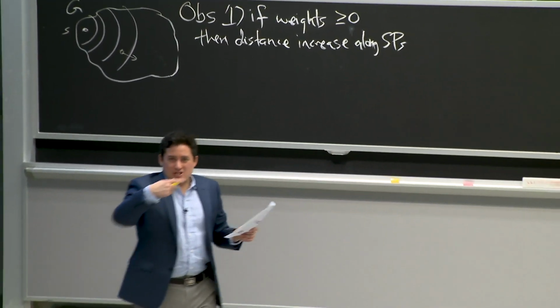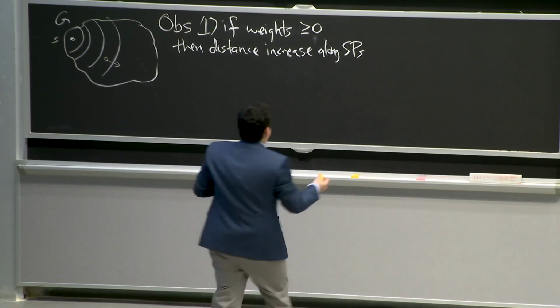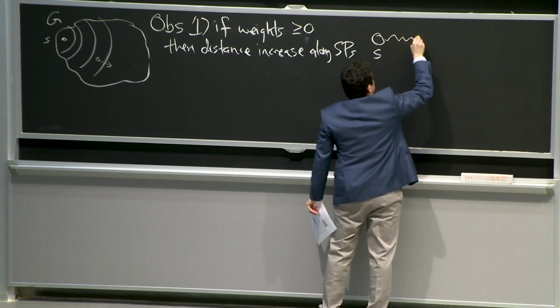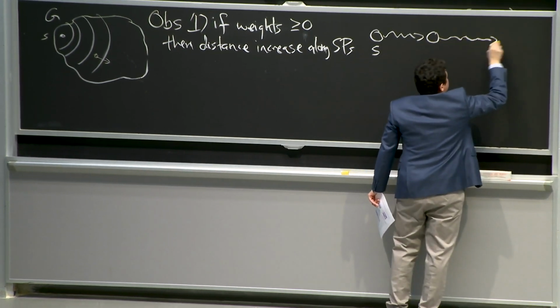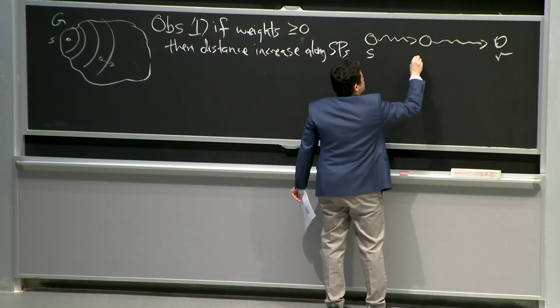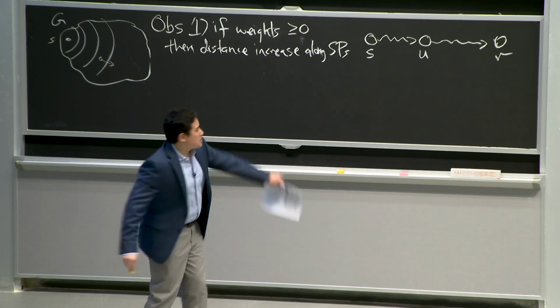Maybe weakly monotonically increase, if there are 0 weight edges. But in general, if I had a path going from S to some V, and it's going through some vertex U, I have some shortest path.